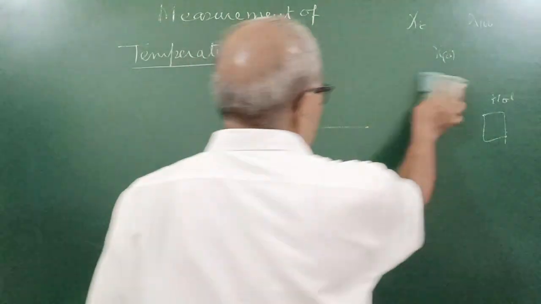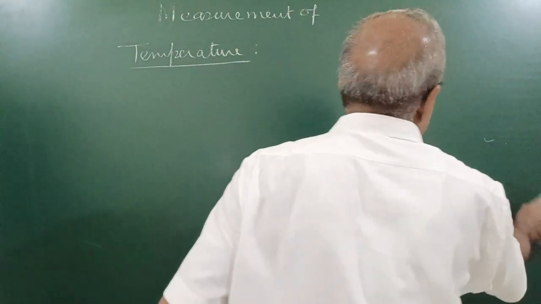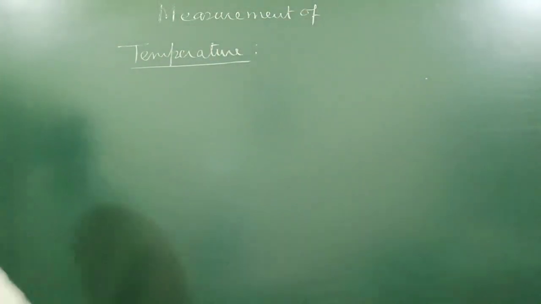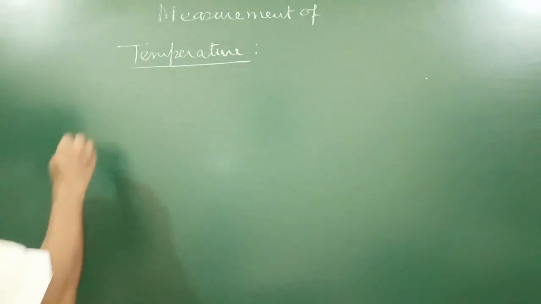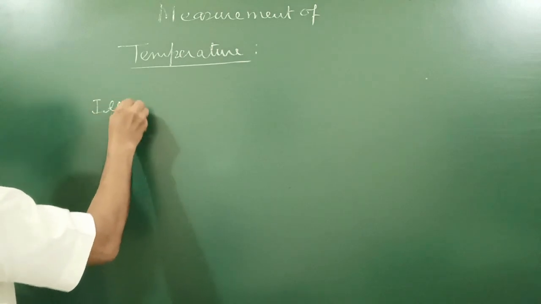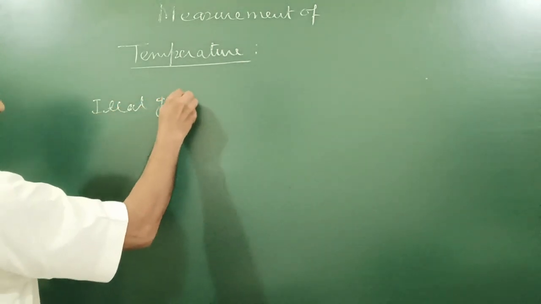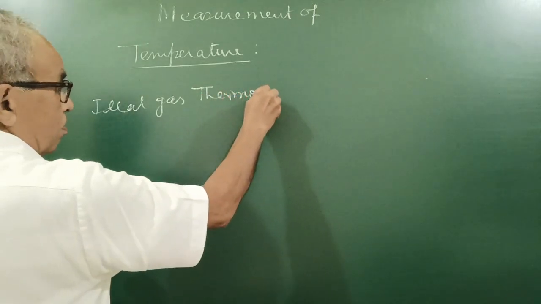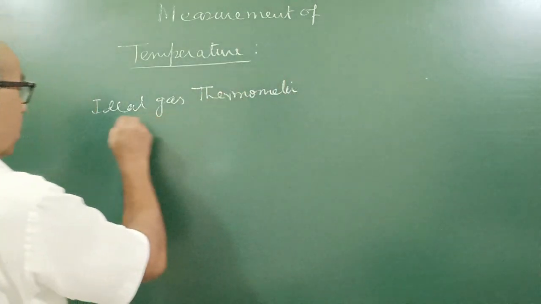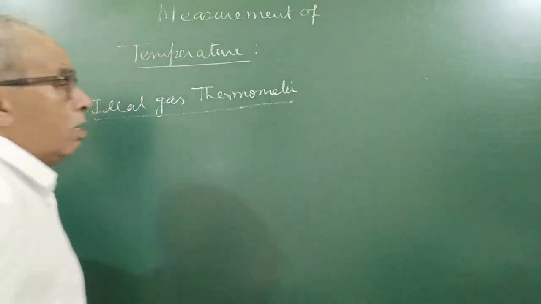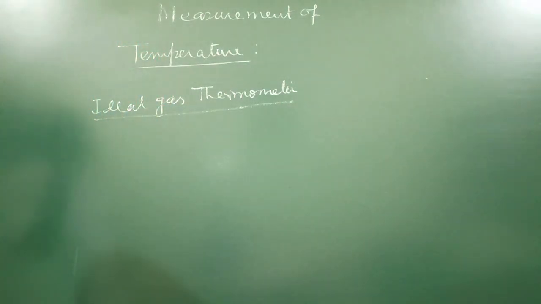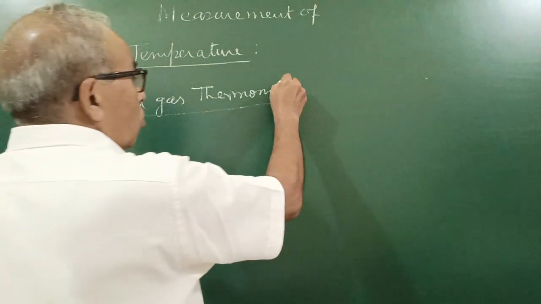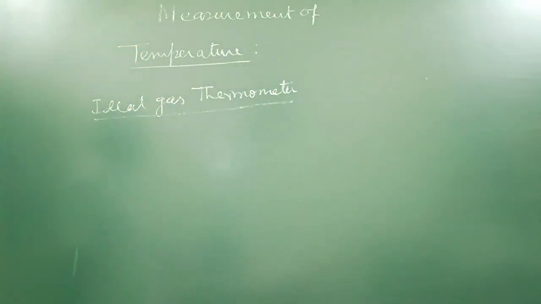So we need to prepare a thermometer which gives almost the same value of temperature. That is called the constant volume ideal gas thermometer. Actually, in this thermometer, we measure the pressure of gas at different temperatures, keeping volume constant.